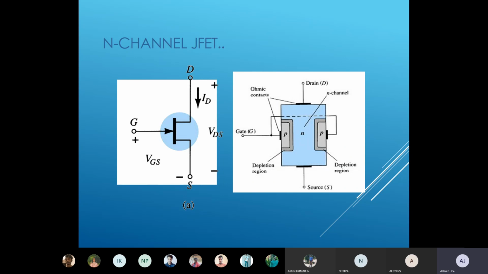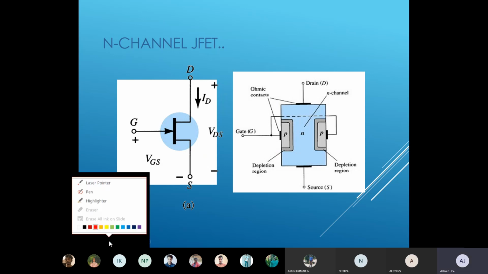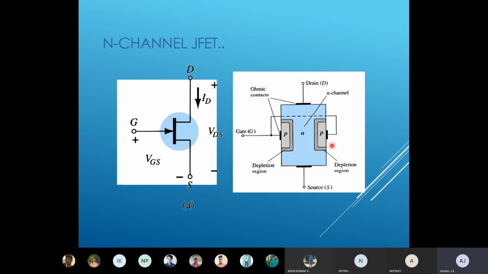If I give a more positive voltage to the drain with respect to the source, it will attract the electrons, so the electrons will move from down to up, and the current flow will be from drain to source, up to down. So this is the basics.